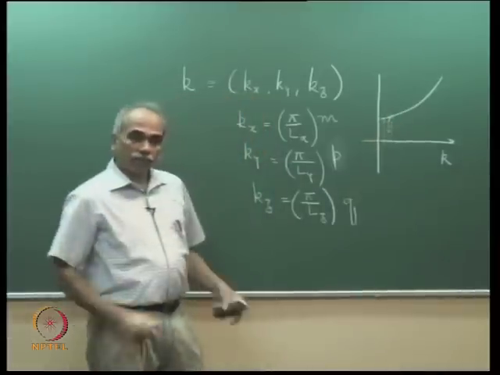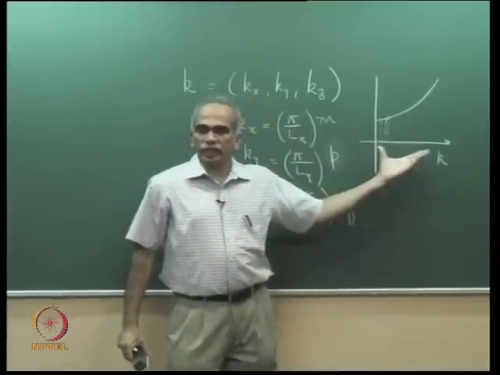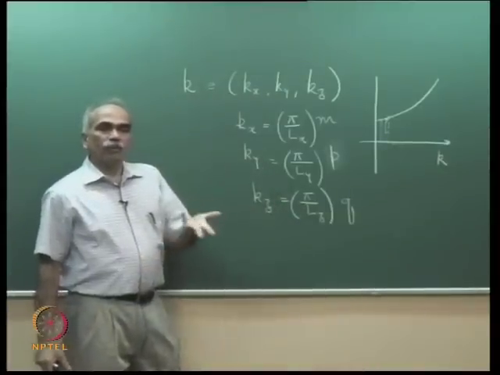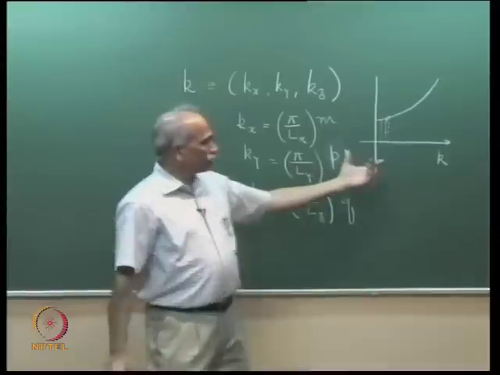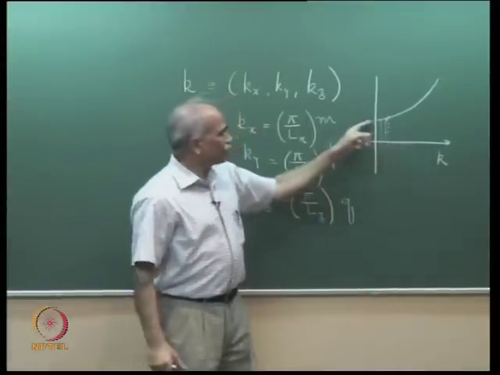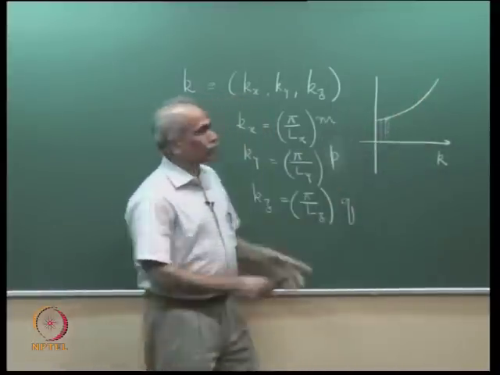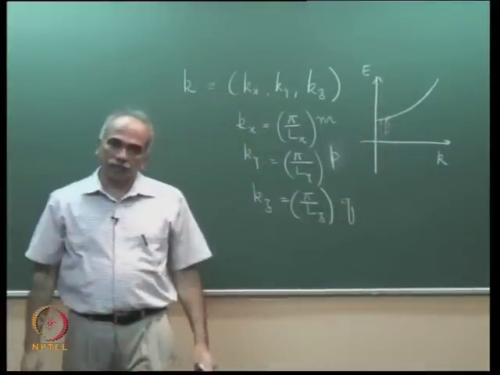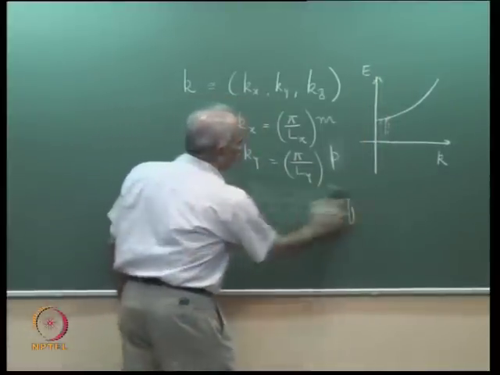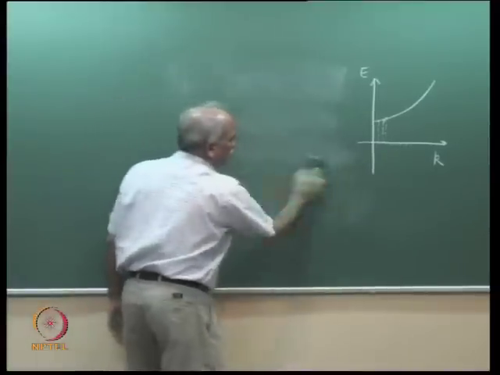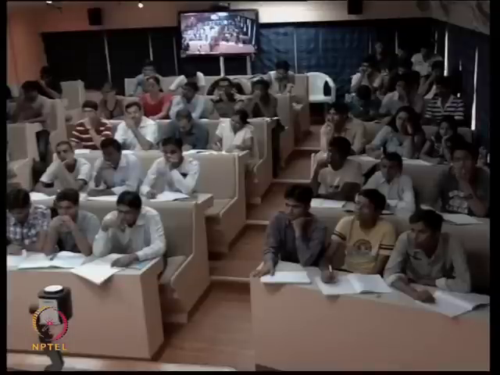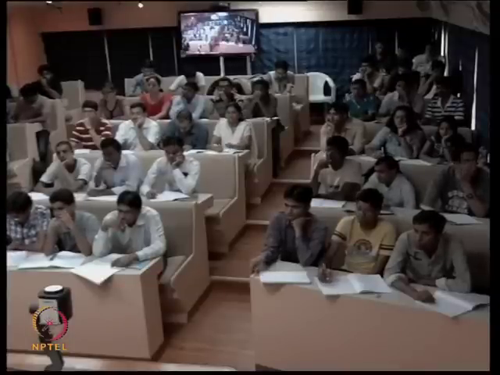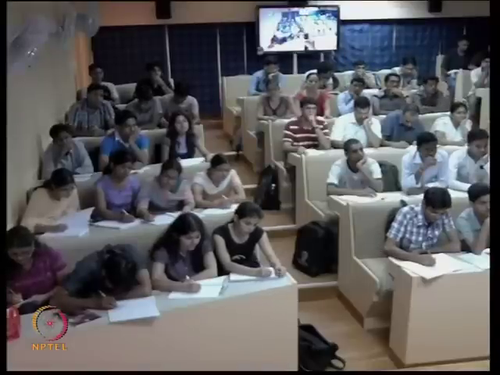However, we have seen that the number of points here is very large. Each of these values varies of the order of 1 million, and therefore, the number of points is very large. Essentially, this forms a continuum. So, that is why we normally draw the EK diagram continuous, E versus K. The second thing that we have seen is that in the K space, or in the momentum space, we have the number of permitted points.